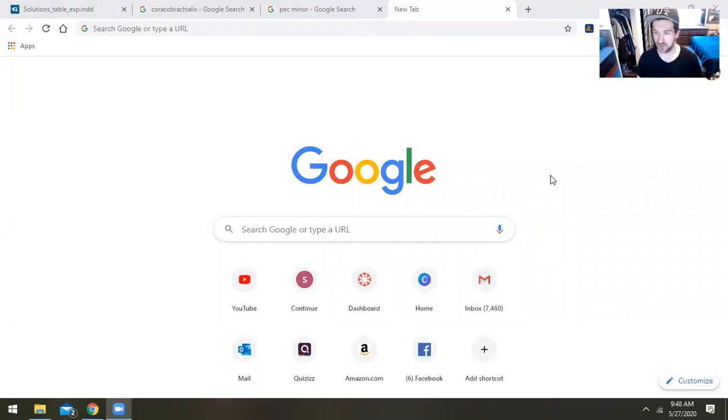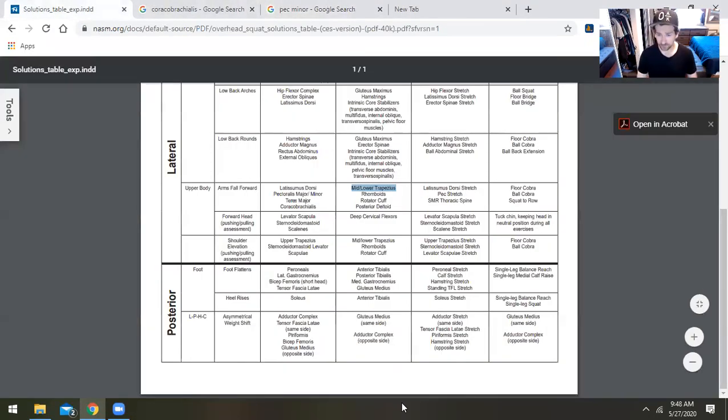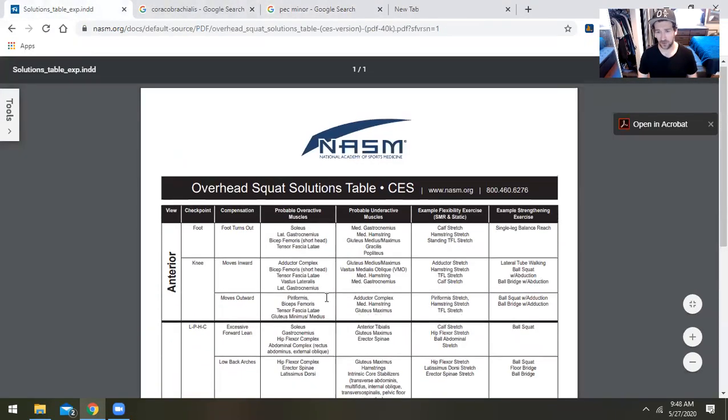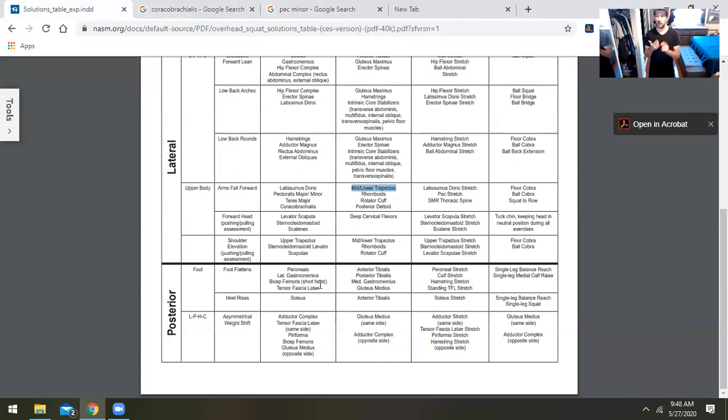Yeah, absolutely. Massage, like SMR, is going to be used to inhibit those overactive muscles. Inhibiting those overactive muscles is the first step that we want to take before we get into lengthening them out, right? You want to take your probable overactive muscles and always do some type of soft tissue work, whether that's foam rolling or massage, or heck, it can be using one of these little things.